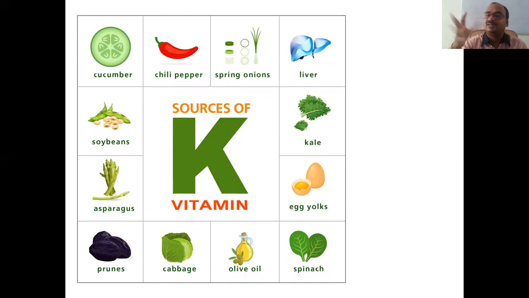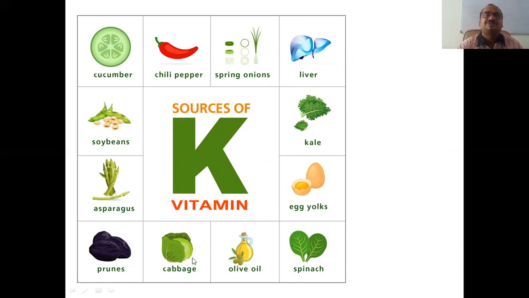So blood will not flow in the body. That is very dangerous also. So vitamin K you have to take, but in a limited dose only. Cucumber, K, same pronunciation. K, cucumber, K, cabbage, like that. K, kale, K-A-L-E, kale. These three are very important.